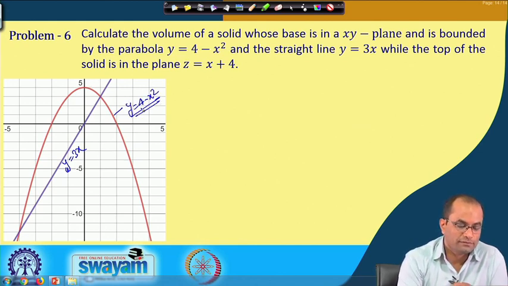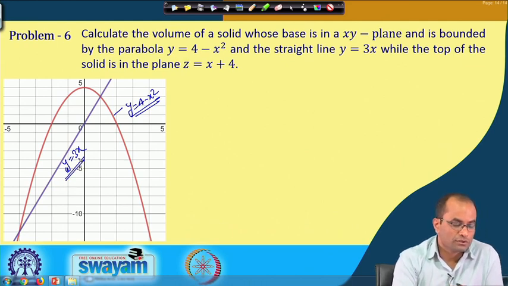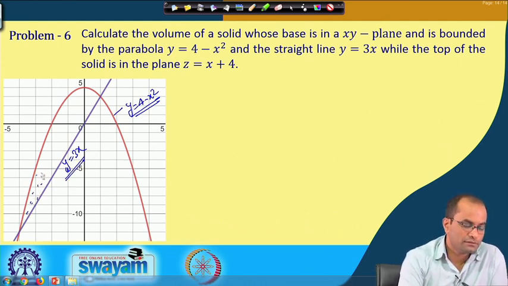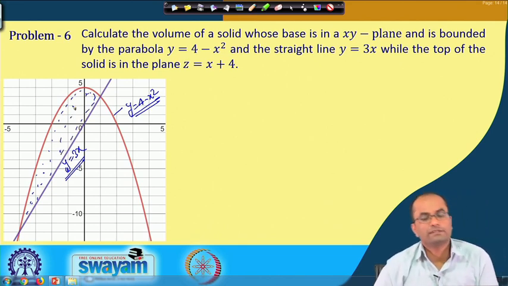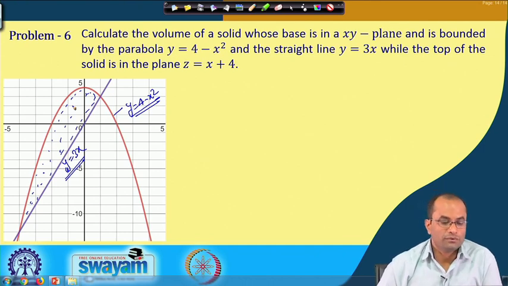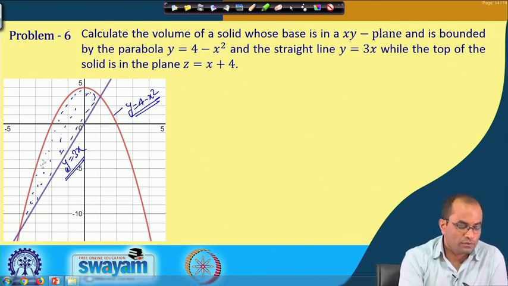We have seen similar regions earlier also. Now this is the region where we want to get the volume below the plane z is equal to x plus 4.